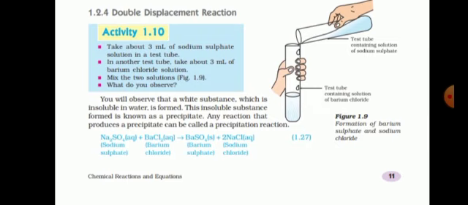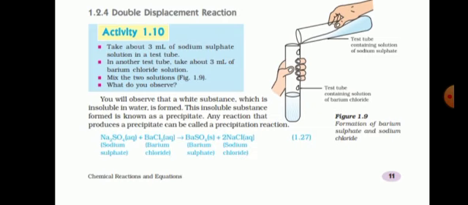After mixing both the solutions together in a test tube, you will find a white substance which is insoluble in water. Insoluble in the sense it is not soluble, it does not dissolve in the water, and you do not get a fine particle. That is the meaning of insoluble.